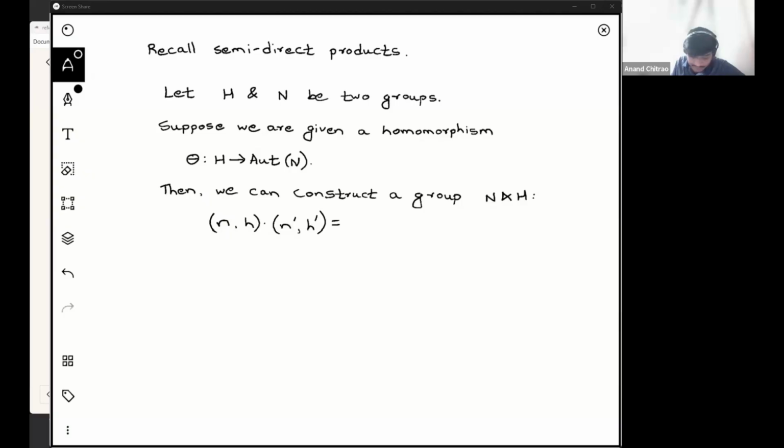Their product is, first write n, then instead of multiplying with just n', you multiply with theta of h applied to n'. In the second coordinate, this is the usual multiplication. Is this clear?